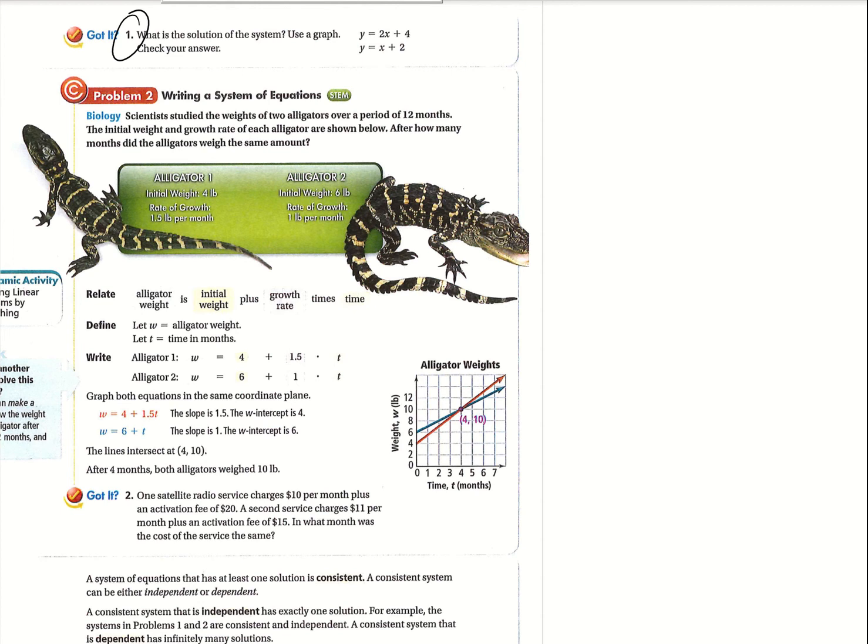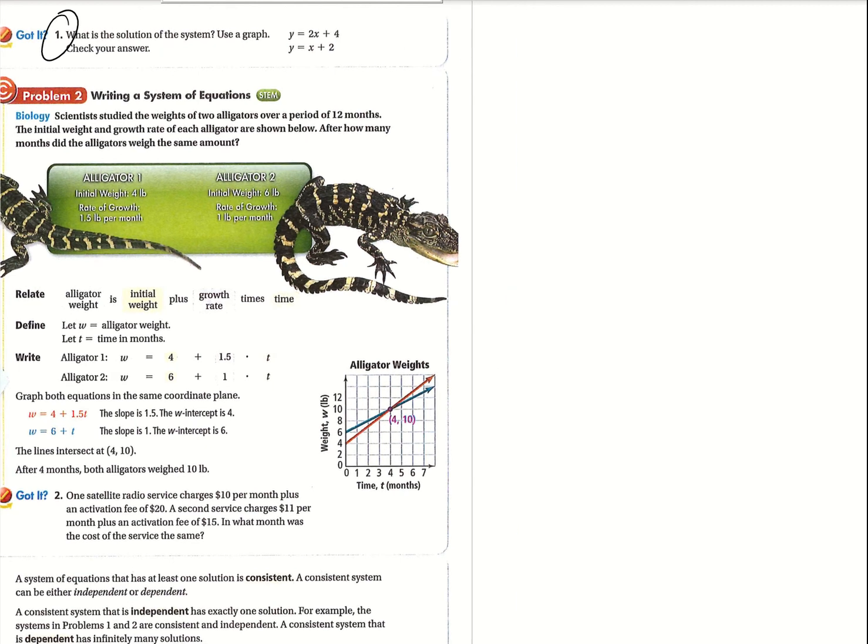All right, so the first thing we want to do is write an equation for each of the 2 alligators. For alligator 1, I'm going to put A1. We have that our initial weight is 4 pounds.